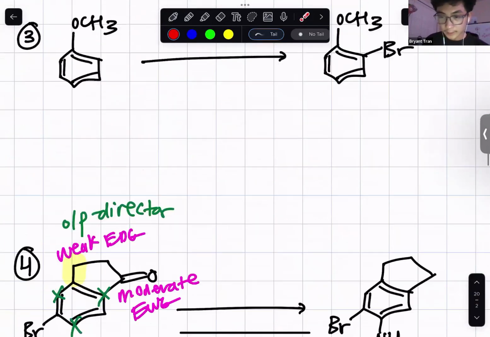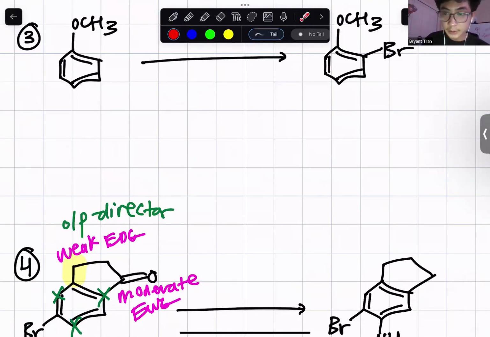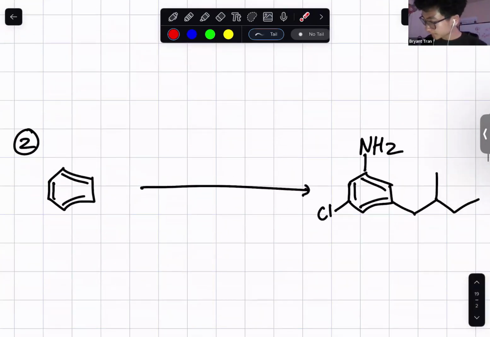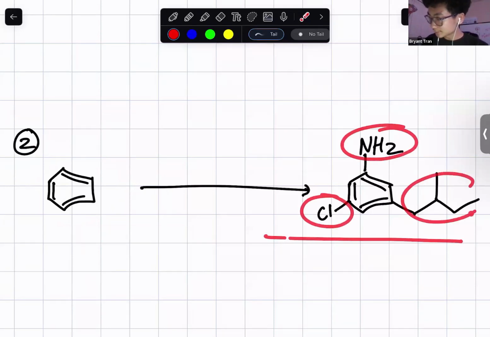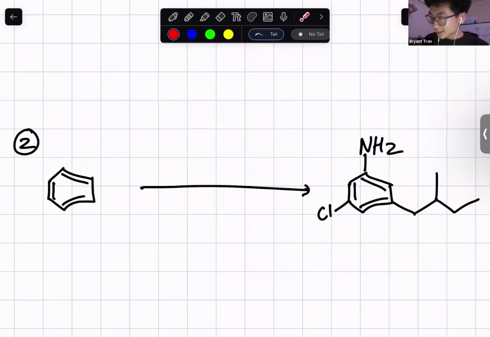Okay. Let's do number 2 right here. I have an empty benzene ring with 0 substituents. And I want to get to this benzene ring with 3 substituents. There's many different directions we could go, many different orders we can go, right?